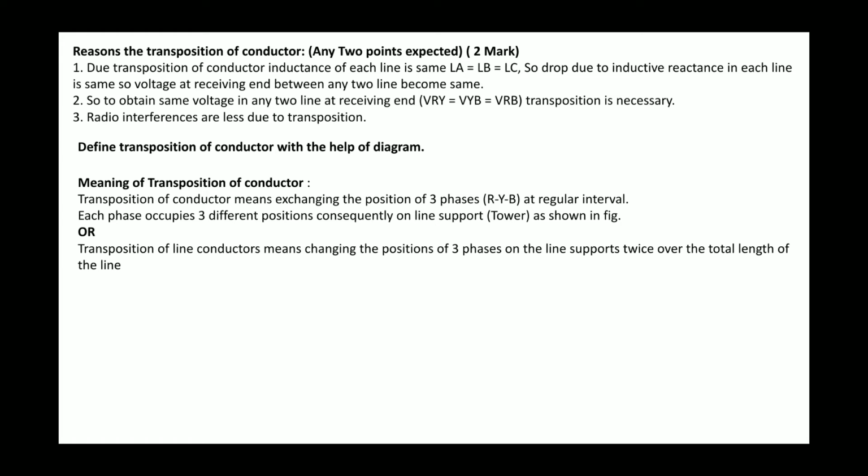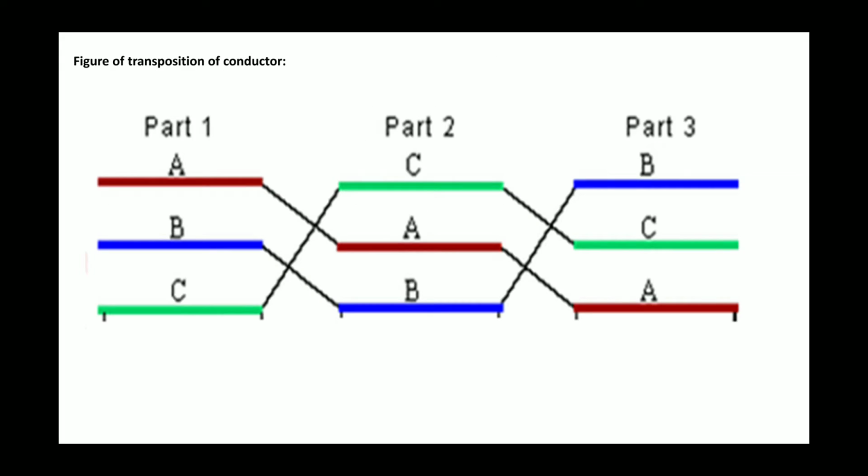Or transposition of line conductor means changing the position of three phases on the line support twice over the total length of the line. Okay, this is the figure of the transposition of conductor.